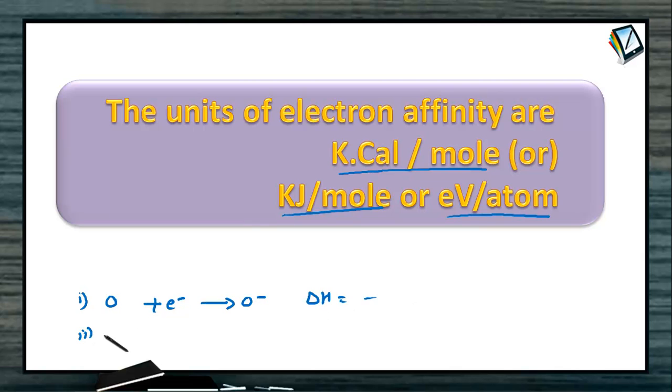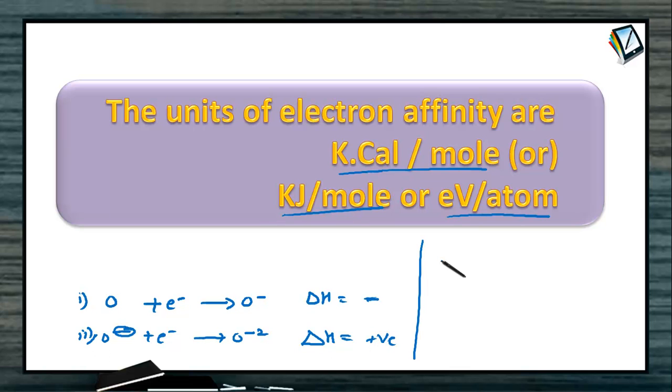In the next case, it already has a negative charge, and adding another electron forms O two minus. This is called the second electron affinity. In this case, it needs some energy because there is repulsion between the O minus ion and the electron. So some energy is required to form bi-negative oxygen.